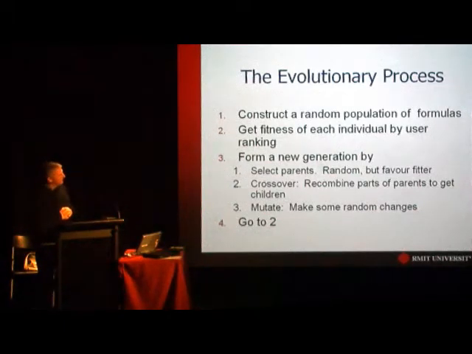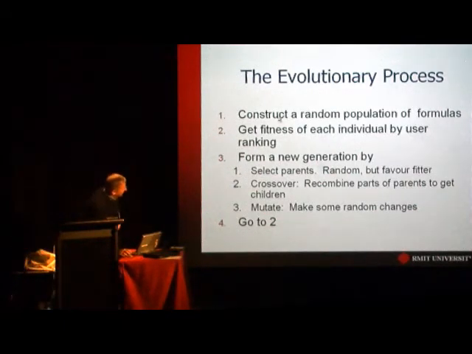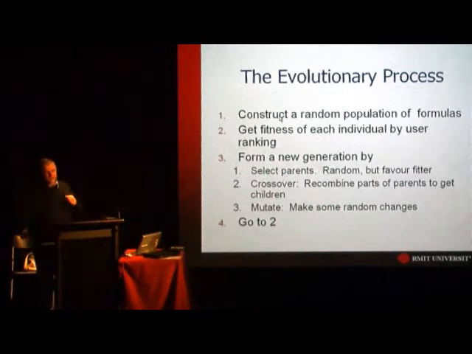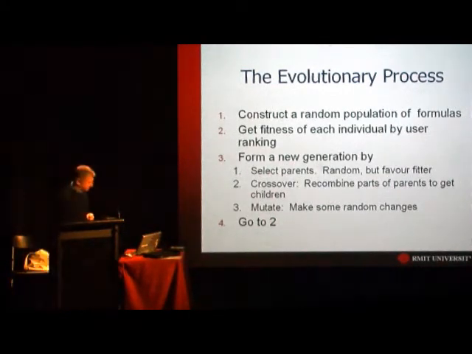So anybody who's a programmer will immediately see a bit of a problem with my algorithm. There's no way to stop. You have to keep going forever and ever and ever. In practice, you stop when you get sick of it.